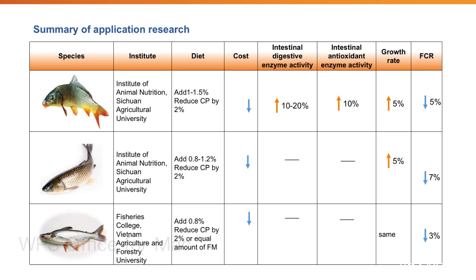All the research results show that using Fortide reduced the cost of feed formula, and not only was the growth rate increased by 5% and the FCR reduced by about 5%, but it also gave healthier functional organs of aqua, and all the corresponding articles about the study were published.